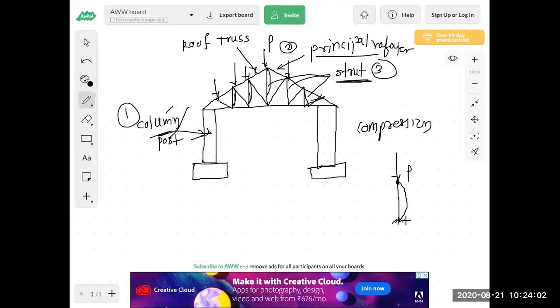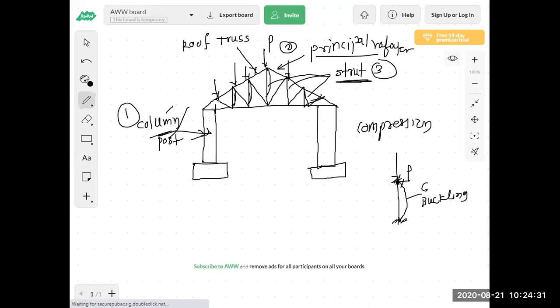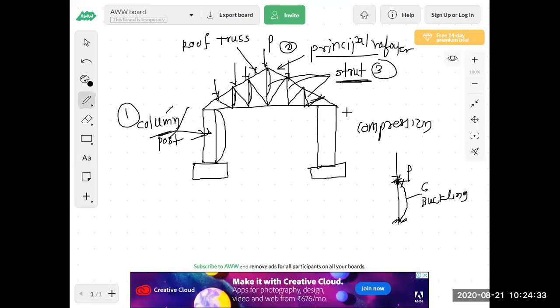Because the joint is fixed here, and again fixed here, there is no chance of displacement at these points. So what will happen? This vertical member will buckle like this. This is the buckling, and due to more buckling the column or compression member will fail. Same here, this is the column, so the column also fails due to such buckling. Here also, because downward load is there from the truss, there may again be buckling. So this is nothing but the buckling.